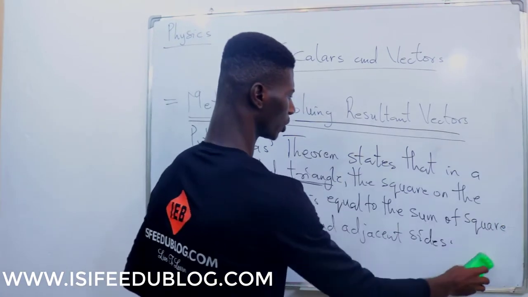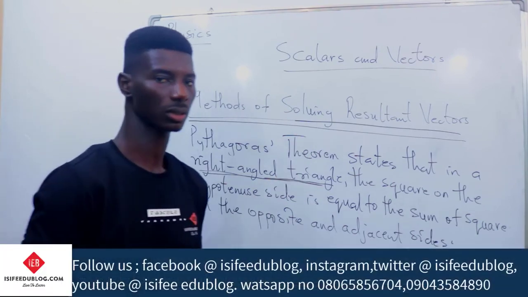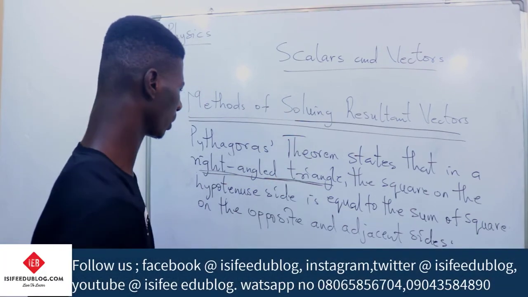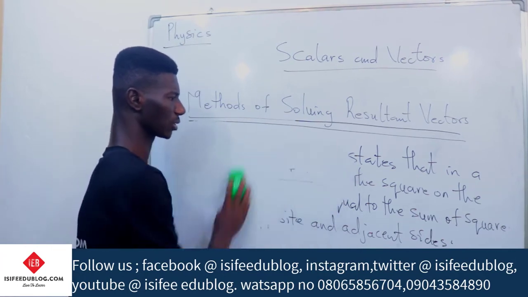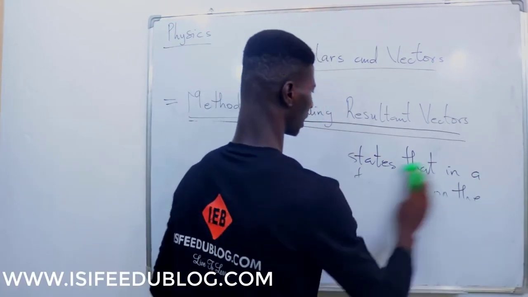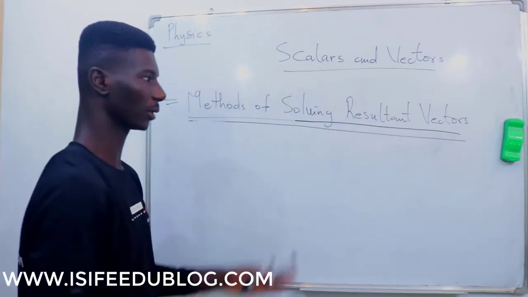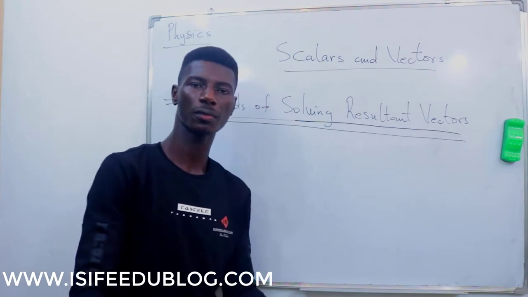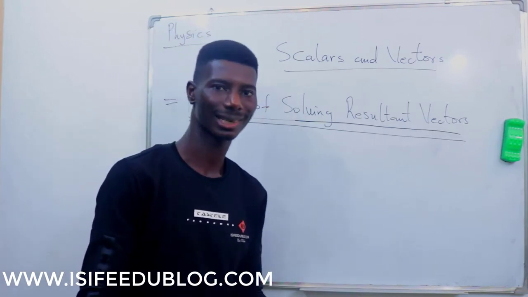Now, before we go into applying this method of getting our resultant, I want to explain something very important that gets some students confused, and that is the direction of the resultant. If you understand what you're about to solve, solving it is not a problem. The problem is that most of us always cram.